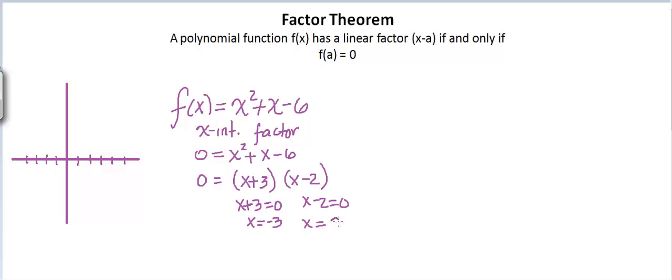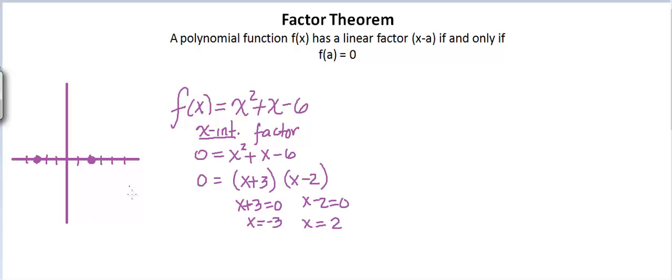I hope this refreshes your memory. And then these numbers were the numbers that we would plot on our graph, because these are the x-intercepts. And remember, x-intercept means where does the graph touch the x-axis. So for this case, I had at x equal -3, I have a 0 here, and I have one at x equal 2.